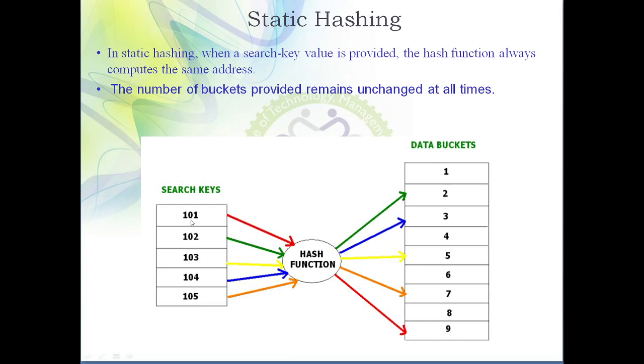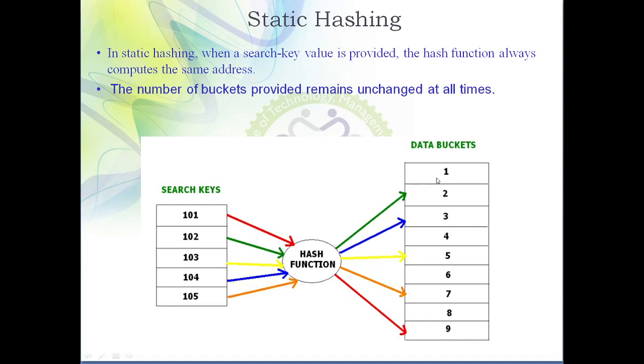In this case my search key is 101 and my hash function is mod 10. So 101 divided by 10 generates remainder 1, so 101 will be stored in bucket number 1. Again, suppose we apply the same hash function on 101, 101 mod 10, again it will generate remainder 1. So 101 will be stored in bucket number 1.